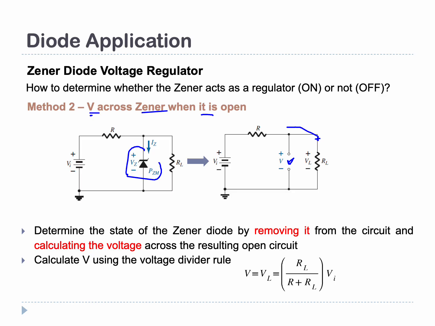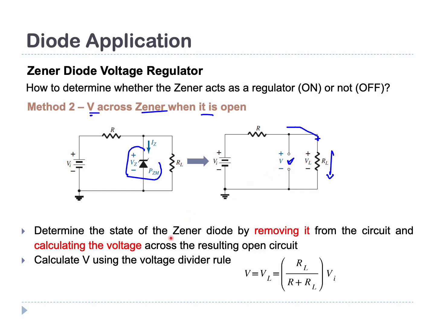So we can determine whether the zener is turned on or turned off by measuring the voltage across RL, which is also known as the voltage across the zener when the zener is in open condition.